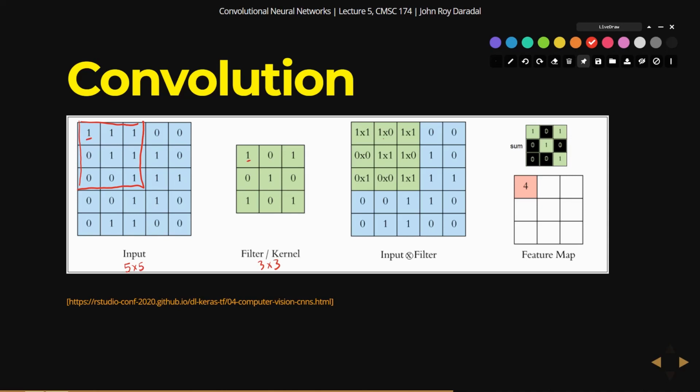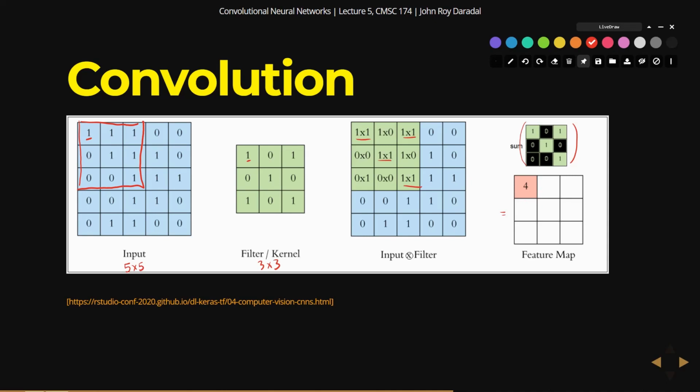So 1 times 1, 1 times 0, and so on. And these are the results. Okay, so you have the 1 here, 1, 1, 1, and then the rest are zeros. Okay, and then you take the sum of everything. Okay, so since there are 4 ones, the sum would be 4. So in the output, which is called the feature map, this part here would have 4.